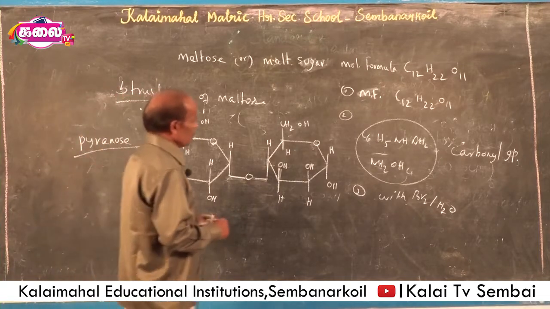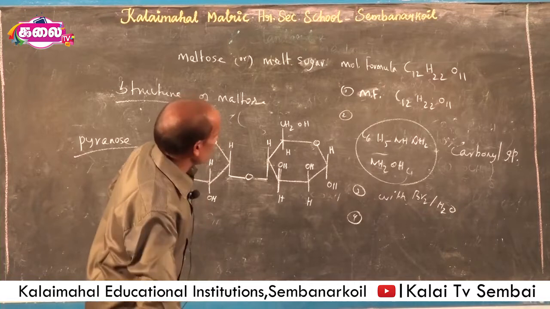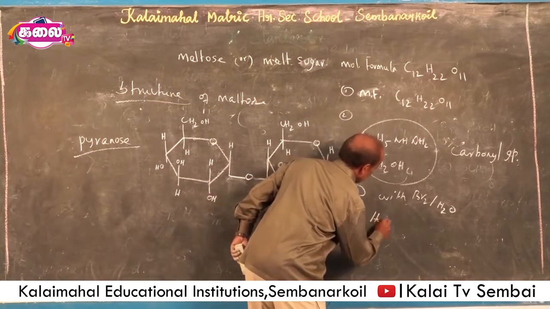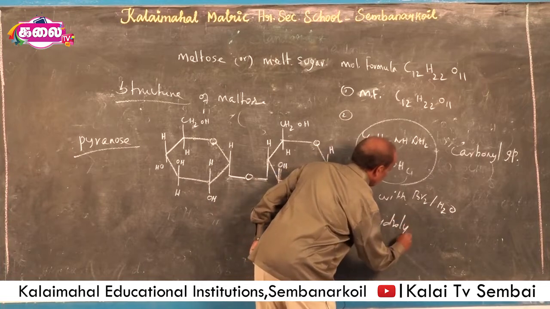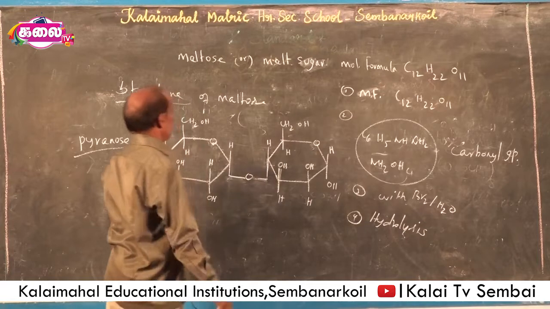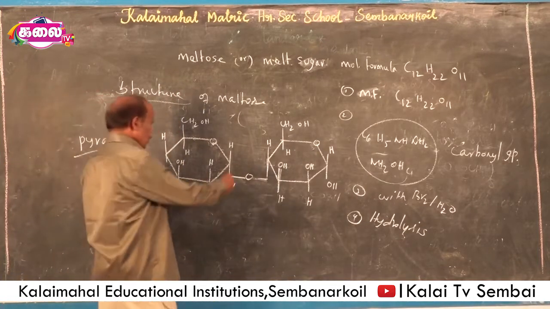Then hydrolysis. When maltose is subjected to hydrolysis, we get two molecules of D-plus-glucose.